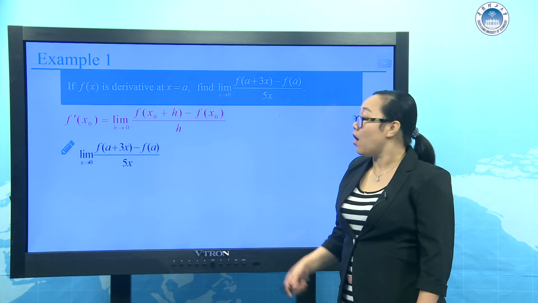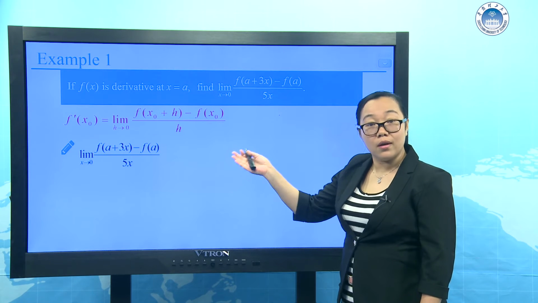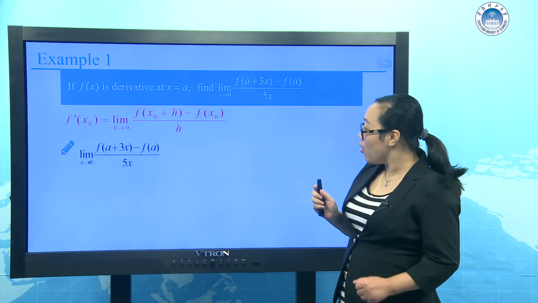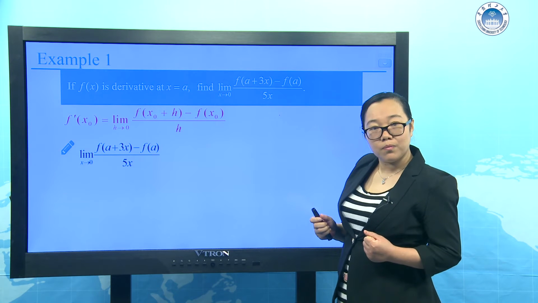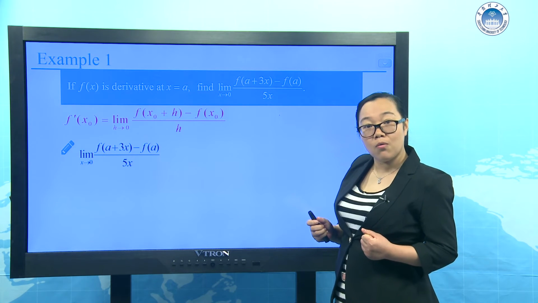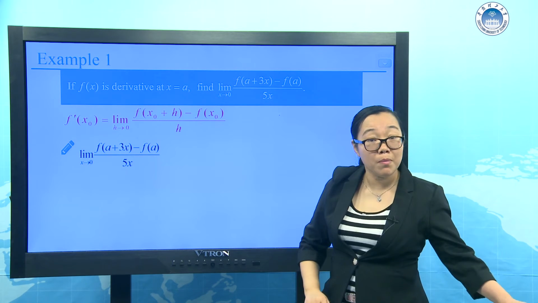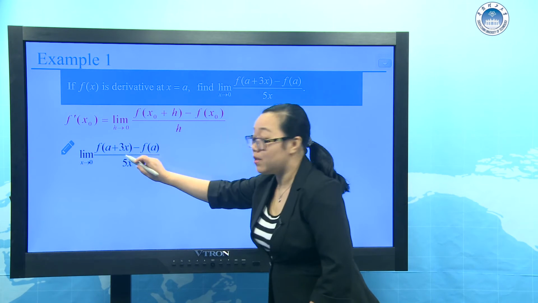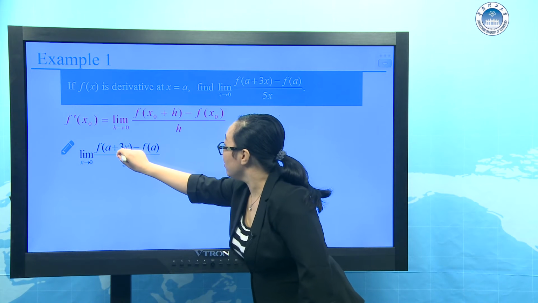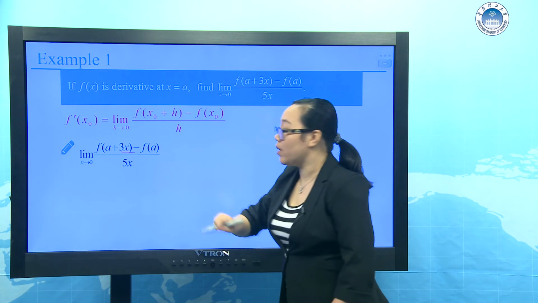So now we write the original limit and look at what our h is. Which term is our h? Yes, 3x. Do you remember? Our a means x0. 3x is our h.